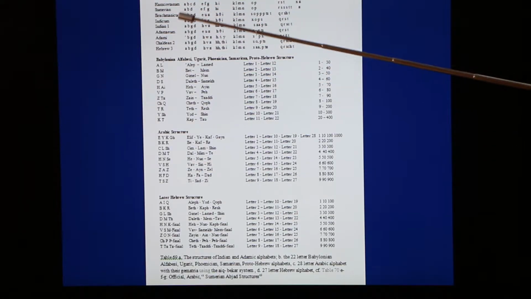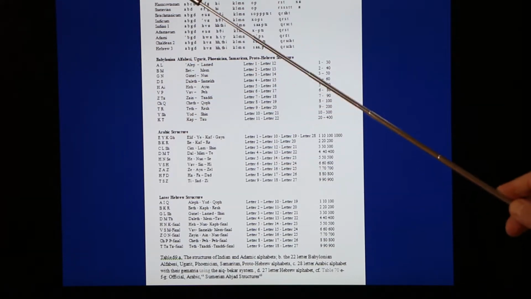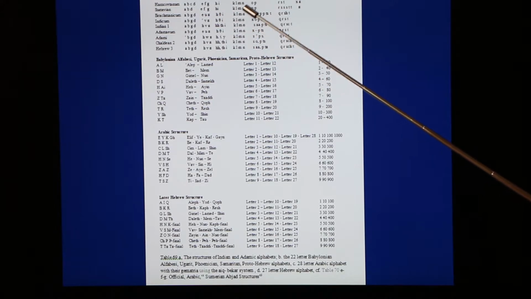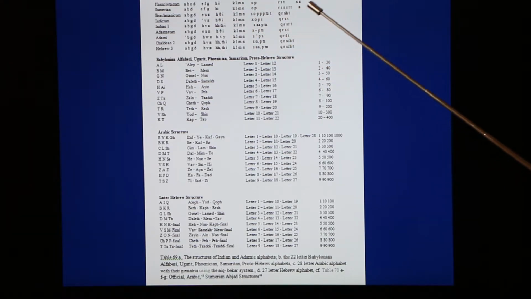But it means that there are underlying structures. I touched upon this in my last lecture where I showed you that there were bits of the alphabet like ABCD or ABGD and then KLMN and QRST that are the same across the whole of the Asian or the Eurasian continent. So to put this into a larger context, I take a series of early alphabets. Hanscretanum, which we saw at the end of lecture 2, is ABCD, EFG, HI, KLMN, OP, RST, XZ.